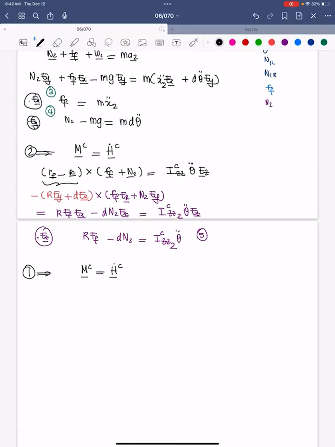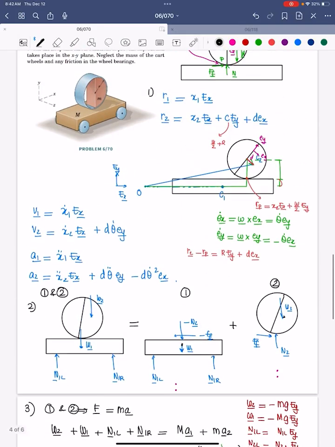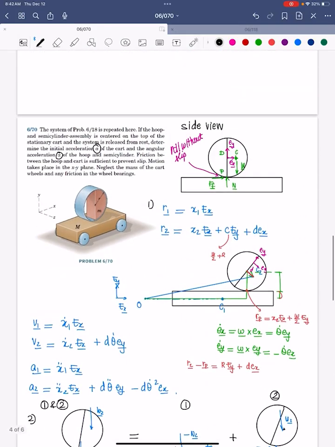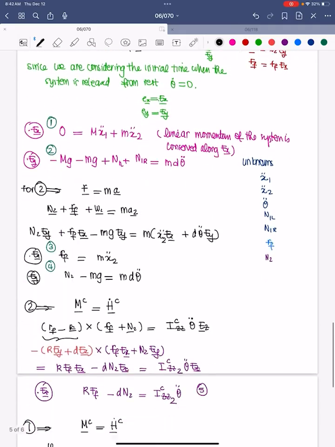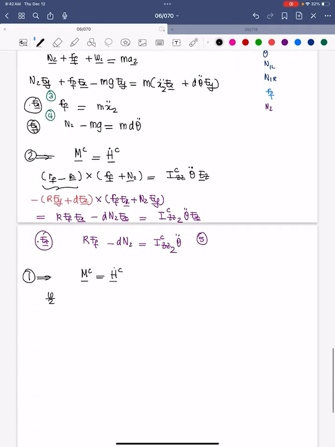The position vector to the friction force is going to be the width of the cart over 2. Is that what's given? No, so maybe we will not need it. I will see what I'm missing. Width over 2 EY crossed with the minus of the friction force, FF EX.